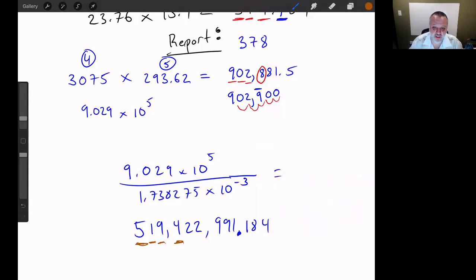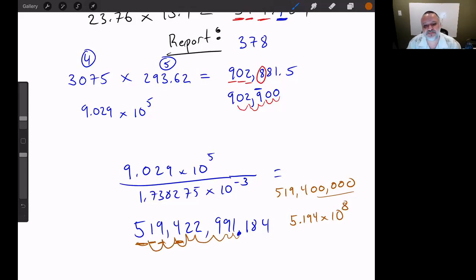I just truncate it off. So the value is 519,400,000. And remember, these are now ambiguous, so it might be best to say 5.194 times 10 to the 8th.